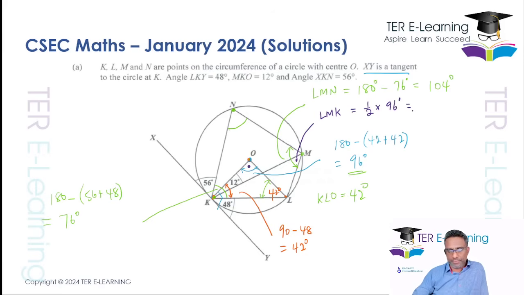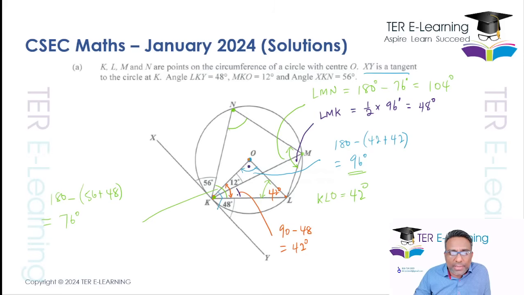So that's 0.5 by 96. So this here is 48 degrees. So I know what this angle is here. I can also get this small angle here as well.